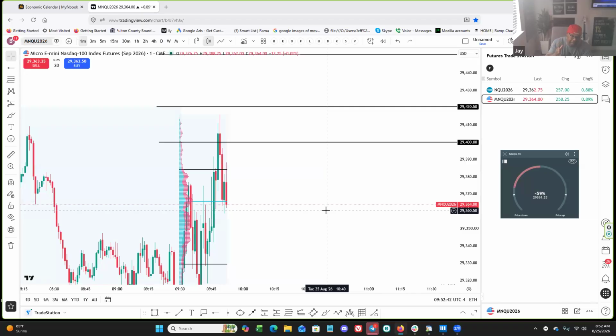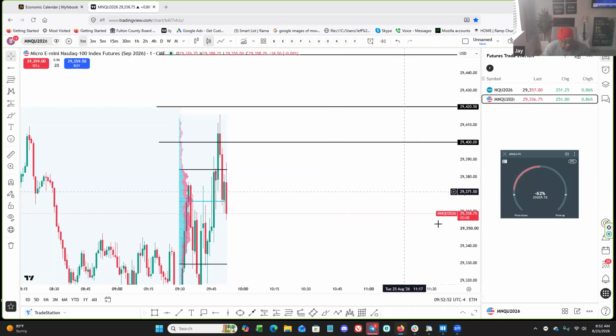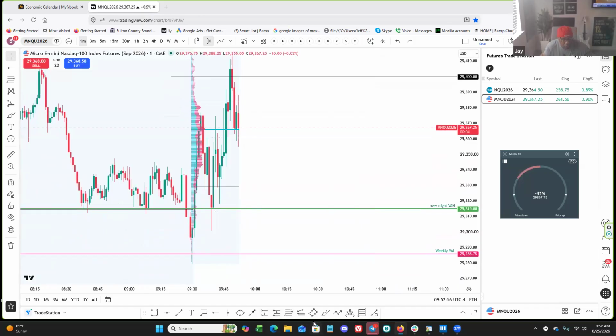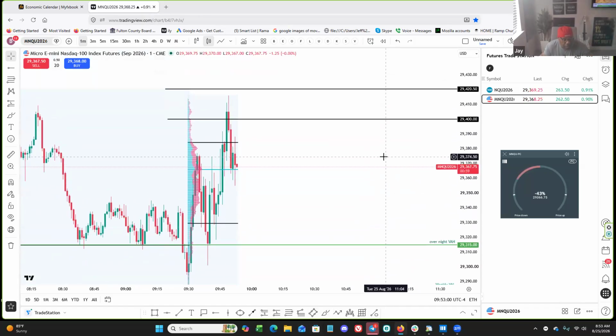If we got up into 420 and the buyers could not maintain control, I'd be looking for the flip right back down to the downside. That's if we got there. The market might just tank and go forever down to wherever. But if we got up there, I've got a scenario that I would take.